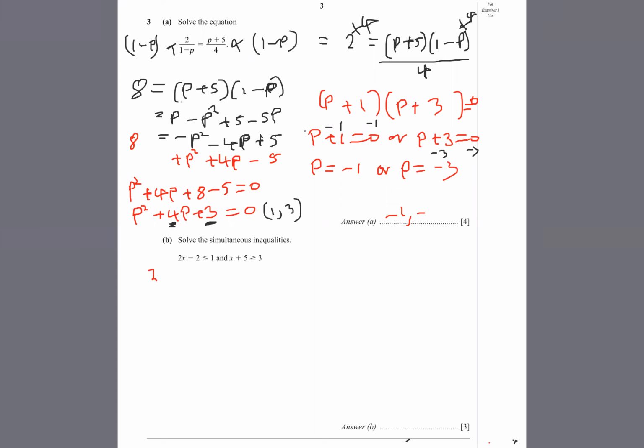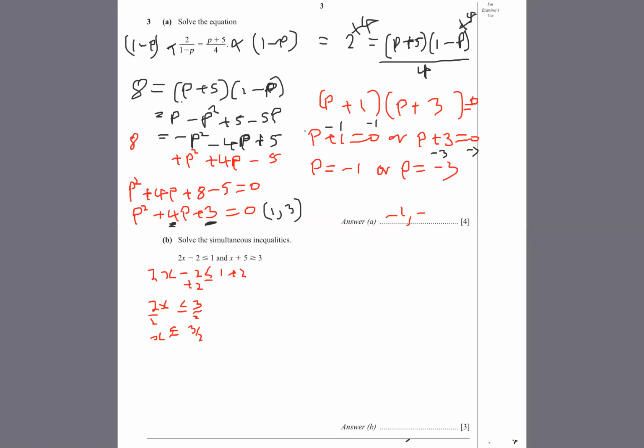We have 2x minus 2 is less or equal to 1. So we can take minus 2 to the other side. It's plus 2, plus 2. So we have 2x is less or equal to 3. Divide by 2. We have x is less or equal to 3 over 2.